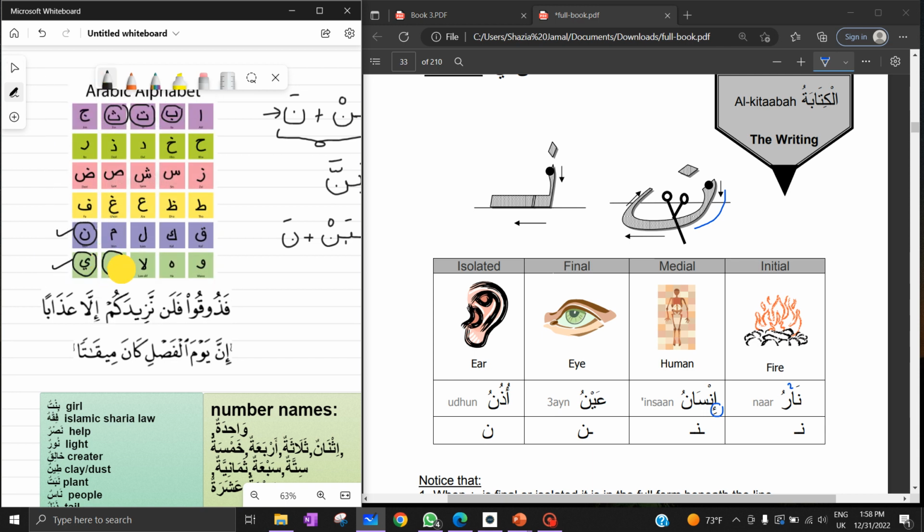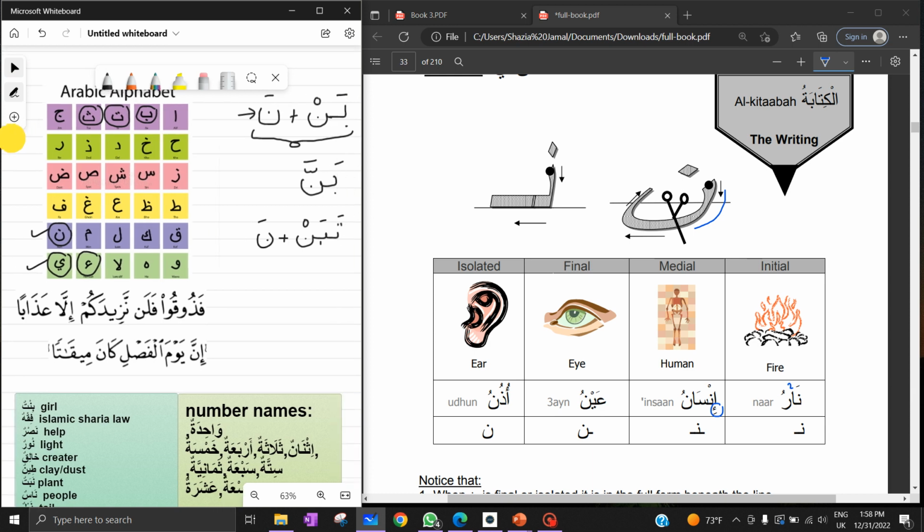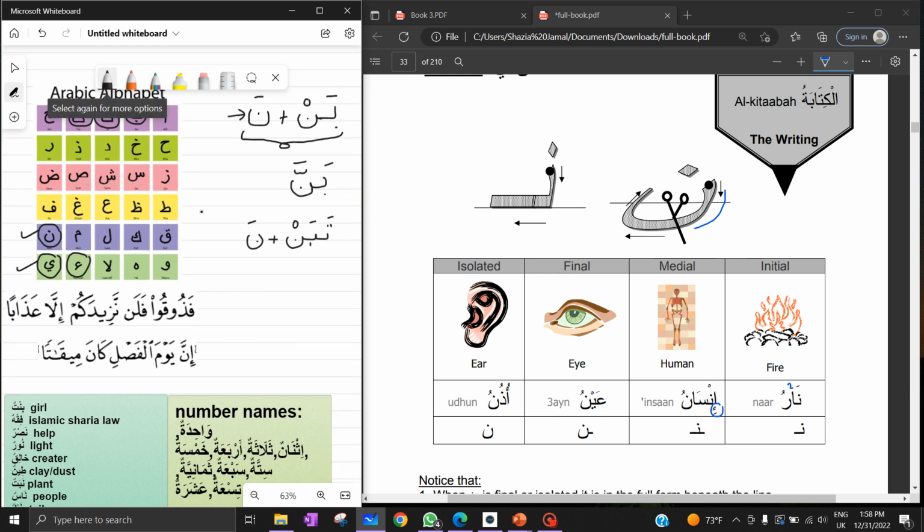We will do this letter later inshallah, but for your confusion I want to clear this out now, that this Hamza is a letter. In all the Arabic letters it is a letter, but there are writing rules. When you write Hamza, you cannot write Hamza as the starting letter of any word. In the case of this word insan, I cannot write Hamza with kasra and then noon, seen and then alif and noon.